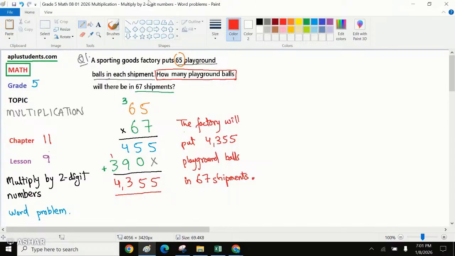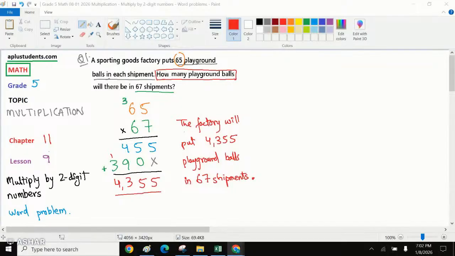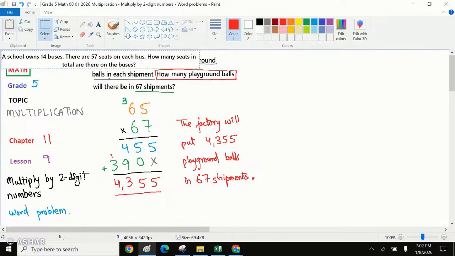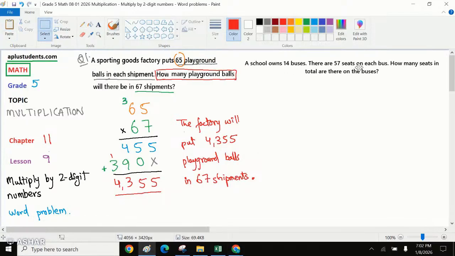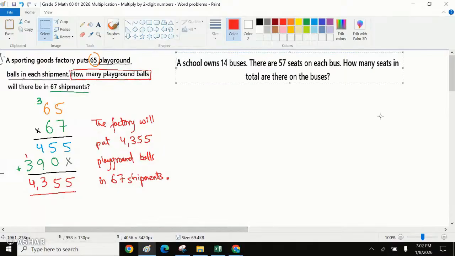Moving to the next question, question number 2 of the word problems of two-digit numbers multiplication states that a school, just let me copy. Let's rearrange this so that we have more space.